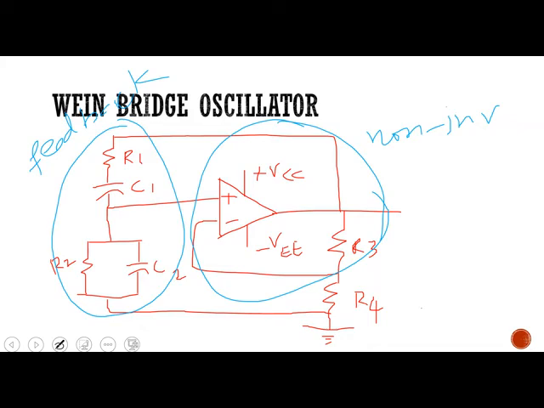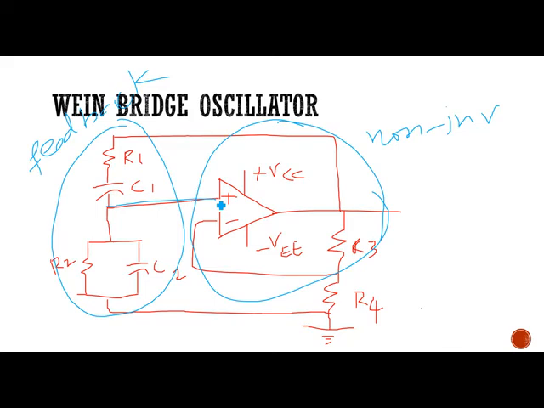So it is an AC bridge in which balance is obtained only when the supply voltage has a particular frequency. So our R1, C1, R2, C2 forms the Wien bridge, and the output of this is applied as one of the inputs to the amplifier.